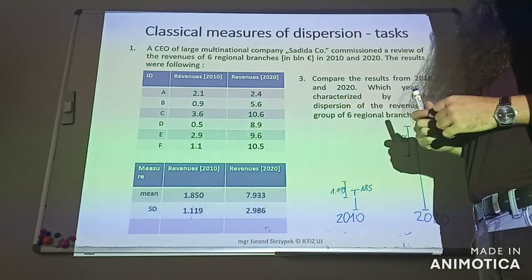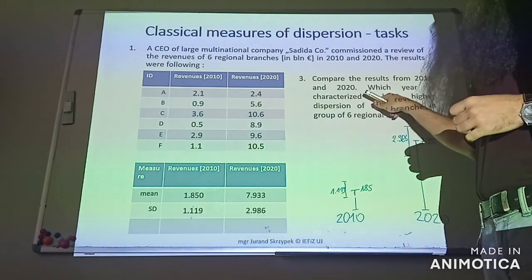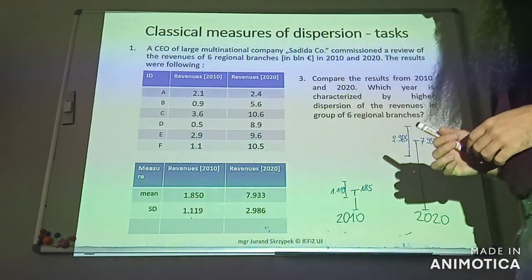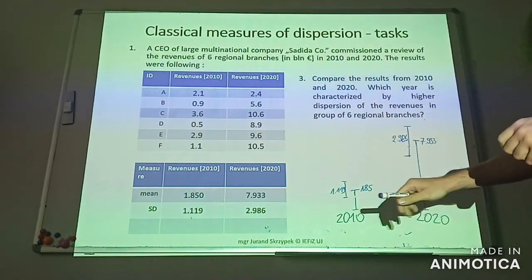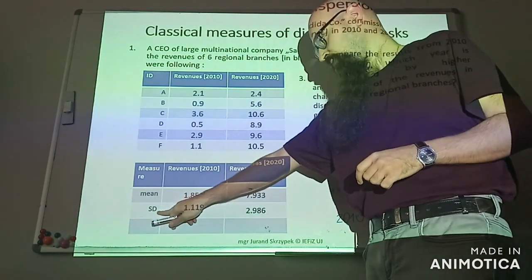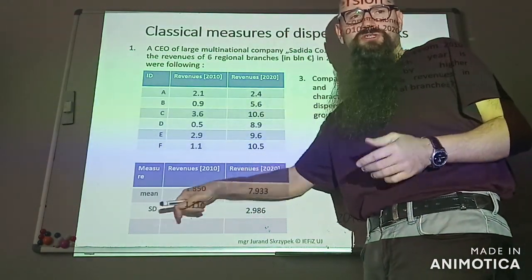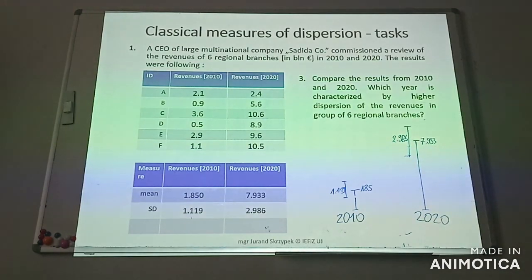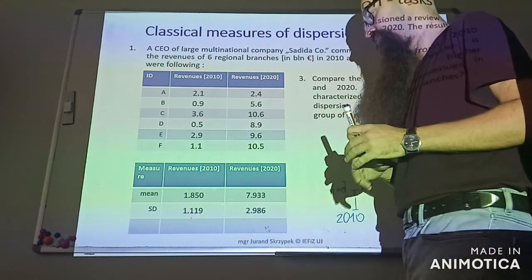Let's try to answer this question from the viewpoint of absolute measure of dispersion. Standard deviation is one of the absolute measures of dispersion.